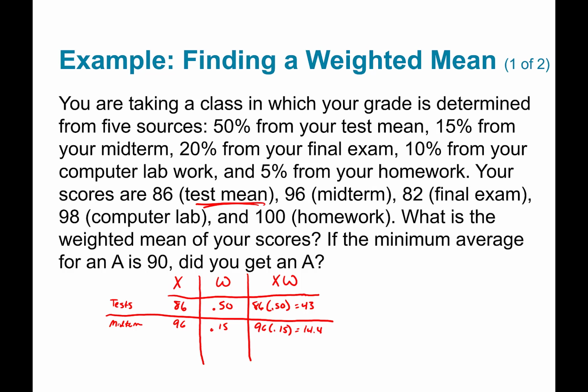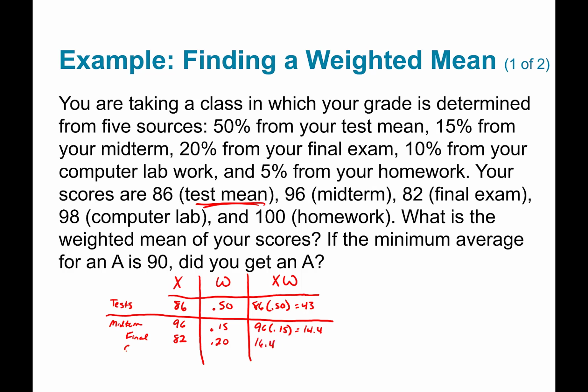And we do the same thing for the rest of these. For the final exam, we got an 82, and that weighed 20% of your grade. Multiplying 82 times 0.2, you get 16.4.